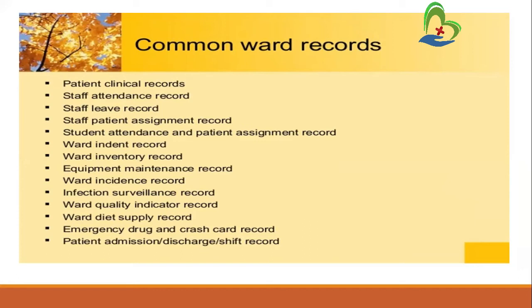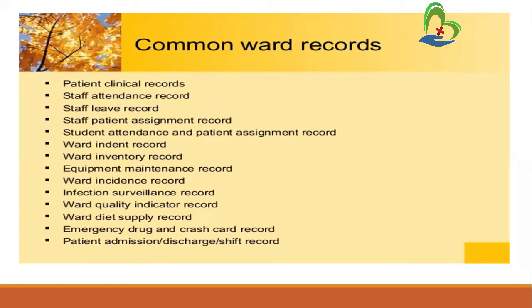Okay, student attendance is also mentioned on the hospital side, and the patient assignment record. Then ward indent record. What is indent? It means the daily stock available in the ward or not: how many needles, how many IV fluids, how much medication is indented into the ward, and how much is used from that indent. So this is the indent record we should keep in the ward record.